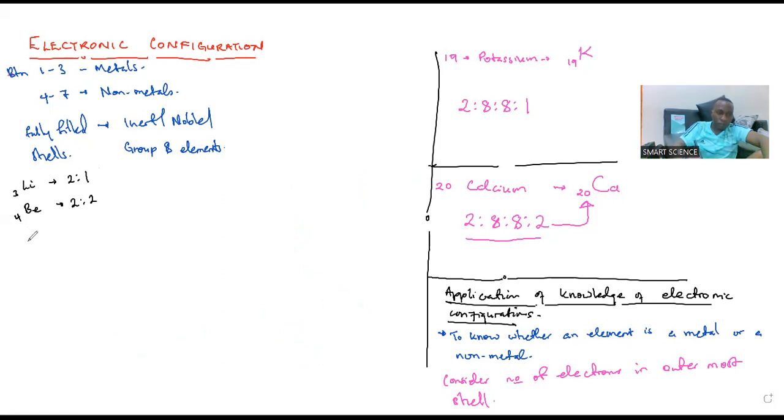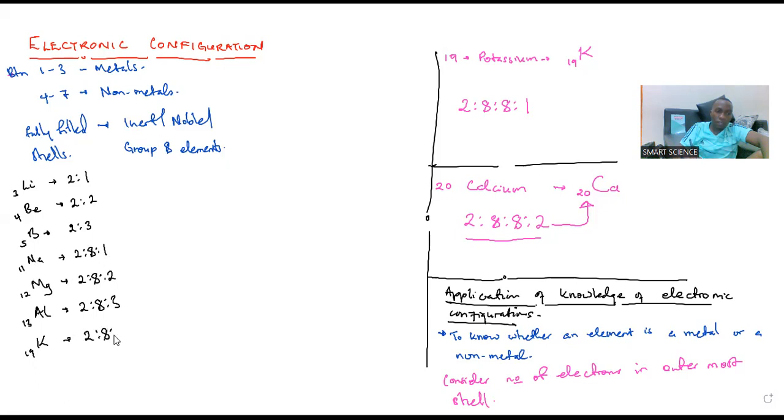I'll move on to boron, which is 5. Electron configuration was 2, 3. Then I'll jump from there, go to sodium, which was 11. Electron configuration was 2, 8, 1. I'll have magnesium, which was 12. Electron configuration was 2, 8, 2. Aluminium, which is 13. Electron configuration is 2, 8, 3. I'll go to potassium, 19.